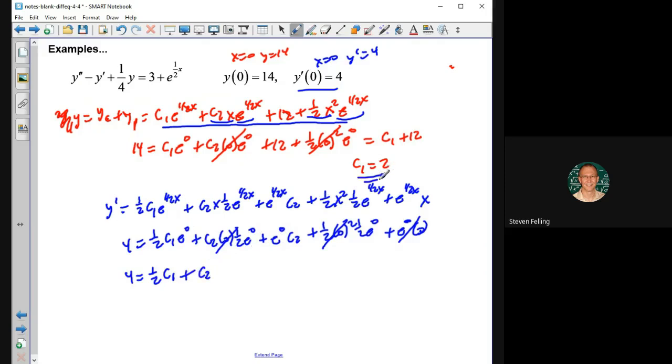But I know that c2 is 2, so this is 1/2 c1 plus 2, which means that 2 has to equal 1/2 c1, so c1 has to equal 4. Is that right? I'm getting a different answer than I got on my formula sheet here.